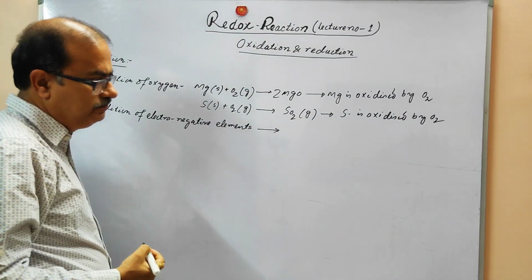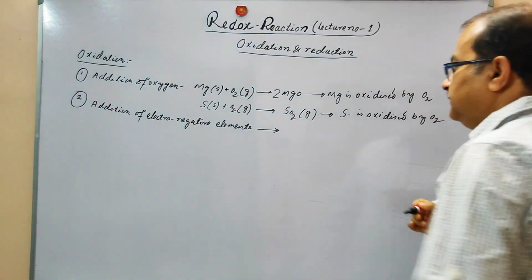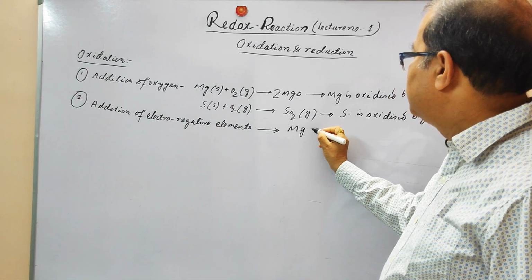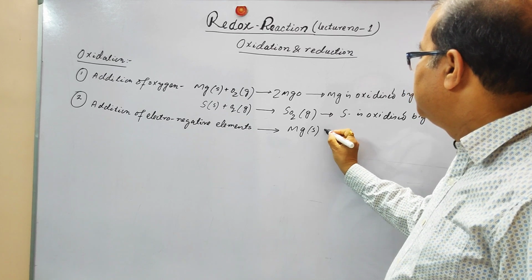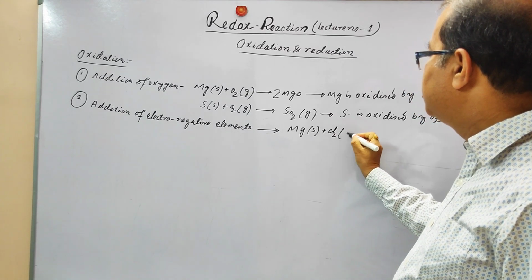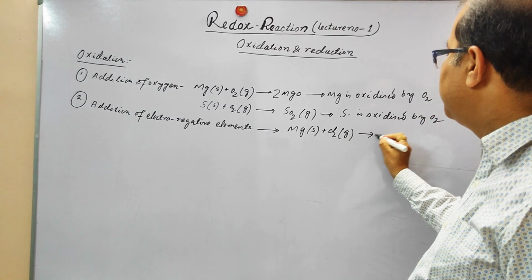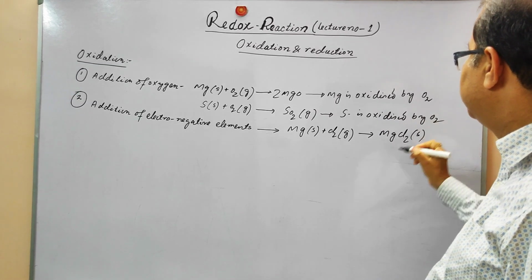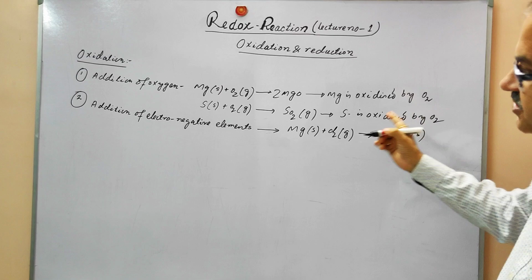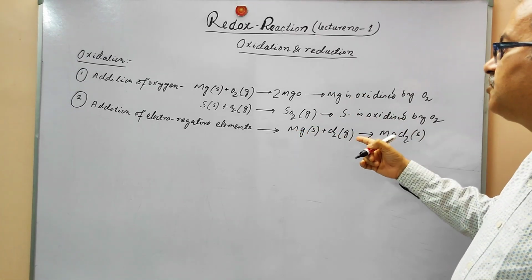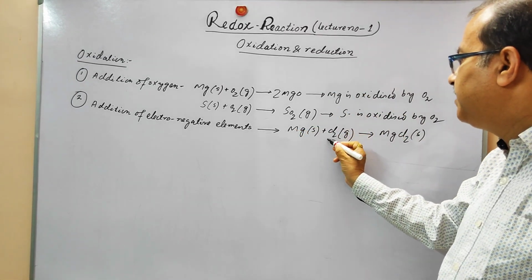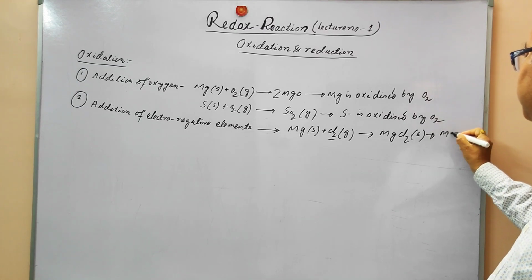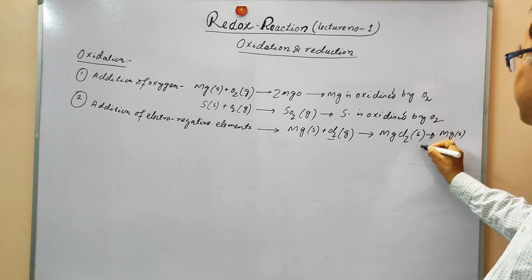For example, magnesium solid with chlorine gas produces magnesium chloride solid. Here you can say magnesium is oxidized because of the addition of the electronegative element, that is chlorine. So we can say here magnesium is oxidized.